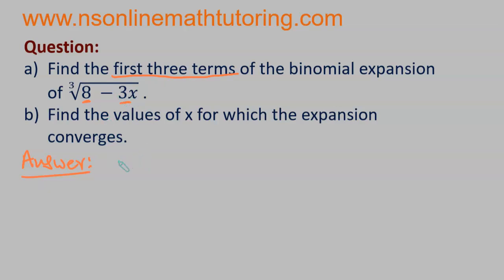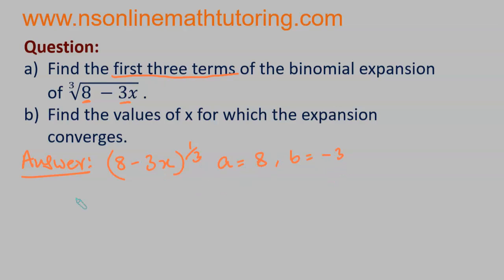So, (8 minus 3x) raised to the power of 1 over 3. A is equal to 8, B is equal to negative 3.